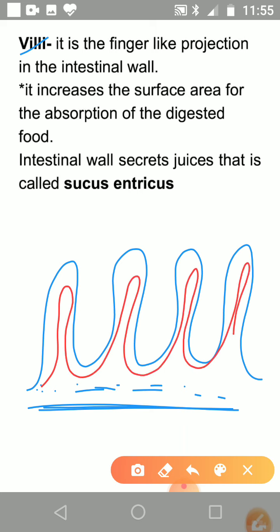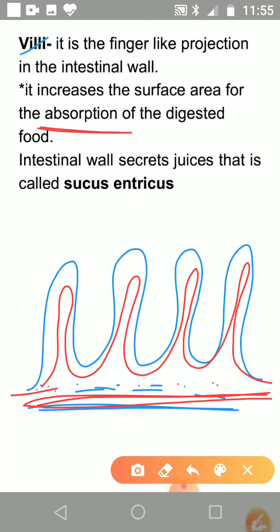Now what happens in this part? After complete digestion in the small intestine, the further step is called absorption. That is already written here. Absorption also takes place in the small intestine itself.